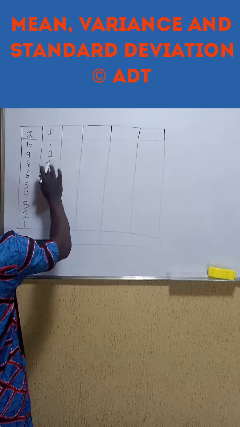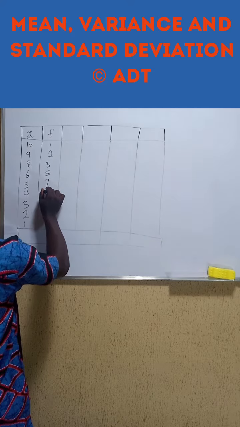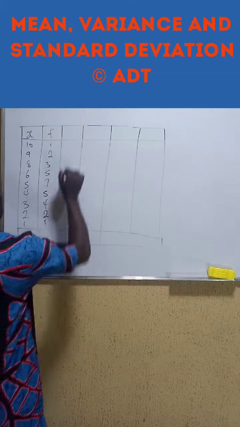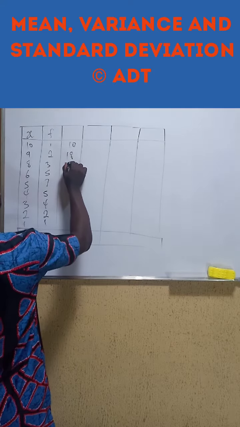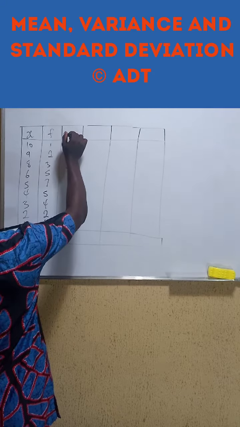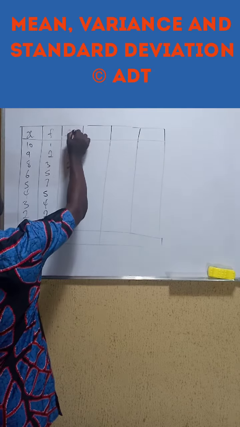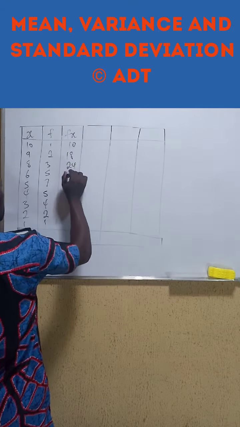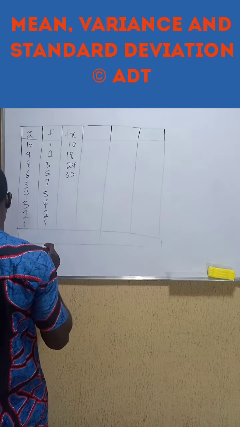This is a column of the frequencies. This is X, or this is f of X. Okay, I will tell you how we get all these numbers here.